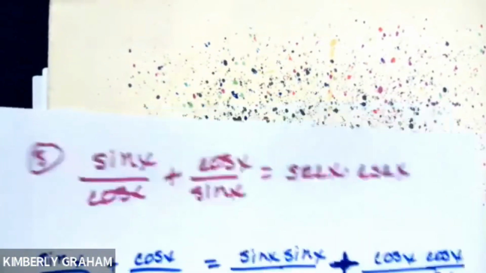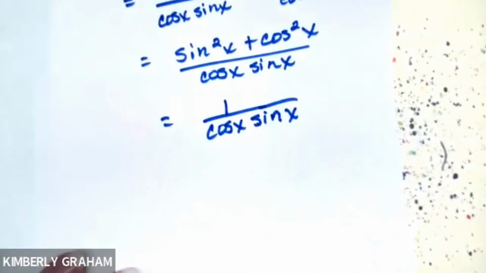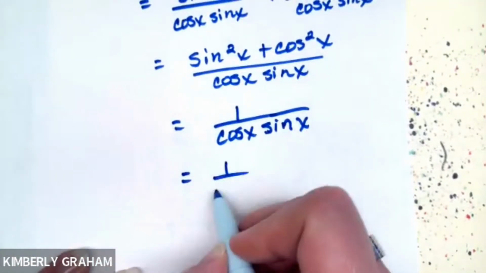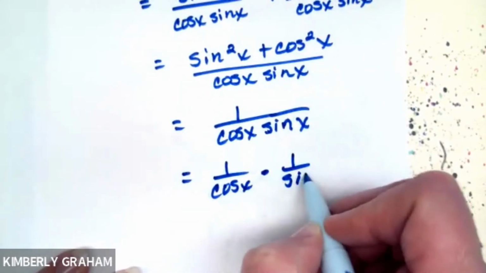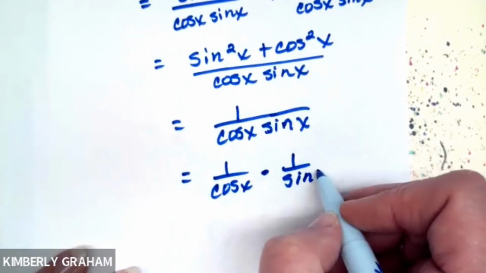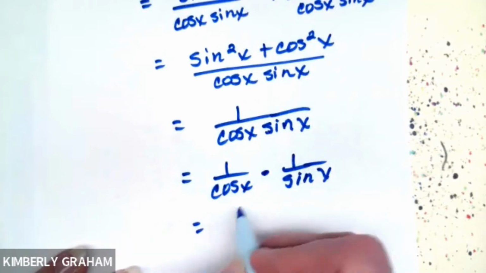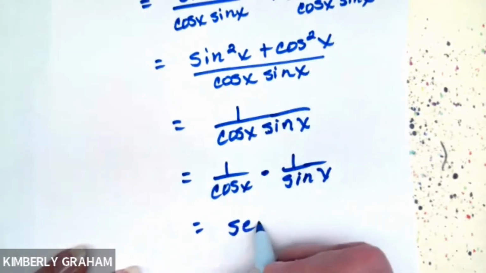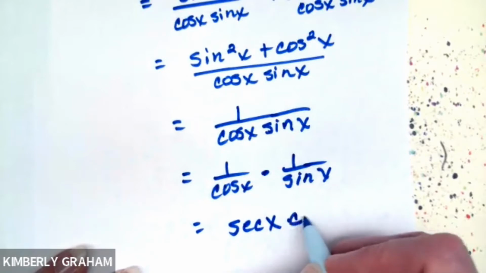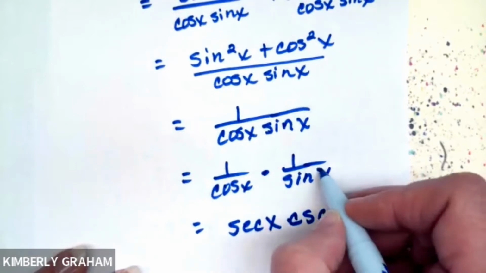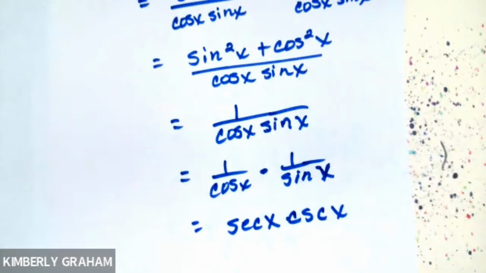This is 1 over sine. So if I took this fraction and split it up, 1 over cosine times 1 over sine, then that will give me secant times cosecant, which is what I was looking for. So you see I've added my two fractions there.